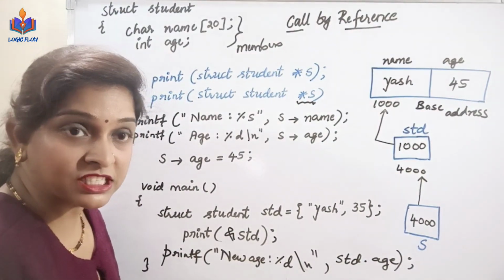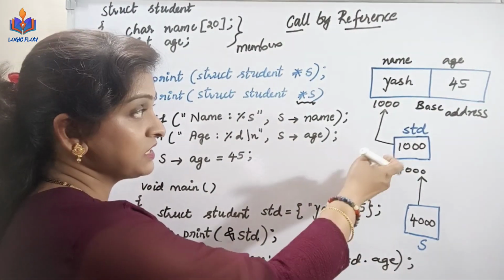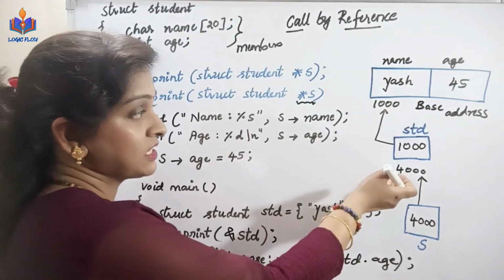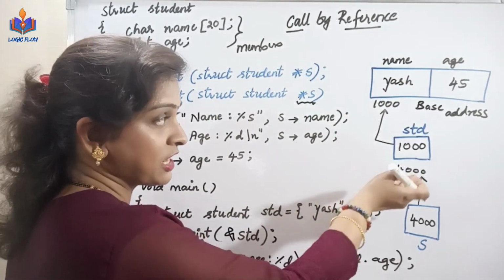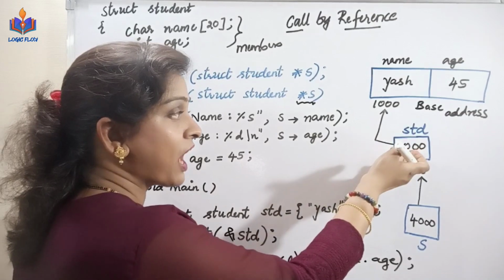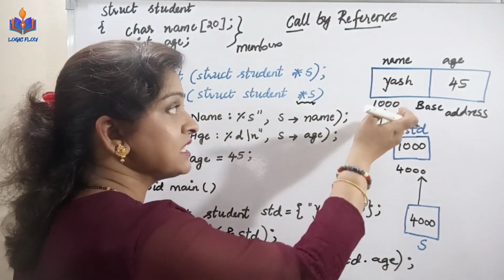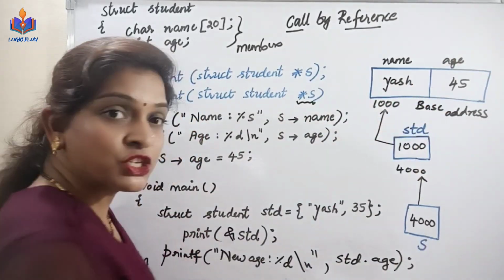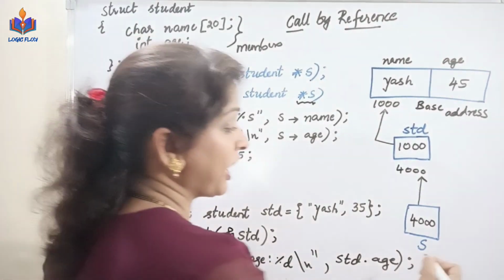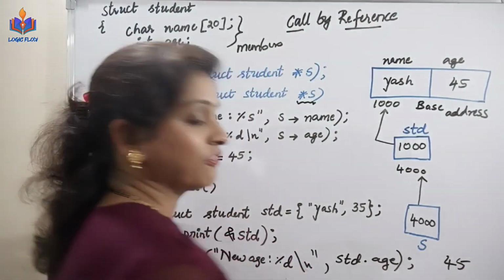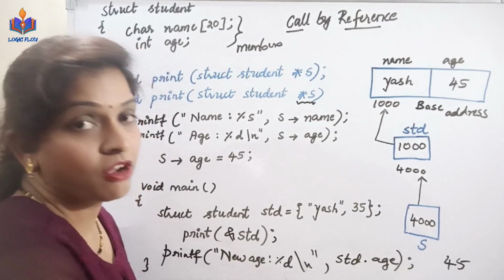So here what happens? STD means it is 1000 itself. The address of STD is 4000. What do we have in this? It is 1000. I say STD dot age. What should I get? I should get the new age, which is 45. So I get the message new age 45.